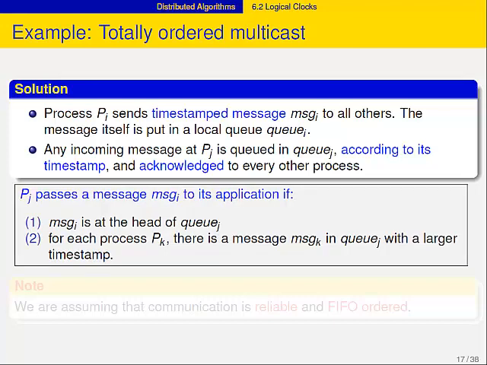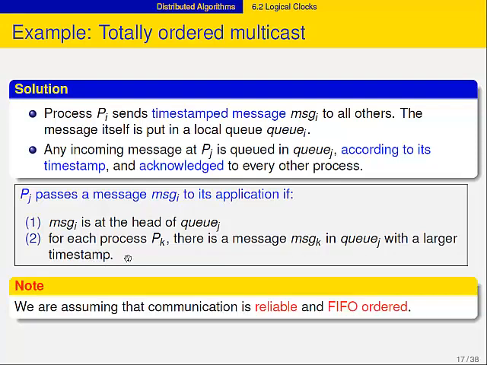So when can you pass a message to the database? If that message is at the head of your queue. Watch this, look at the indices. Pj passes a message i that it has in its queue to its application, being the database, when that message is at the head of the queue, and this is a crucial one, and for every process that is participating in this algorithm, there's a message k in that queue with a larger timestamp.